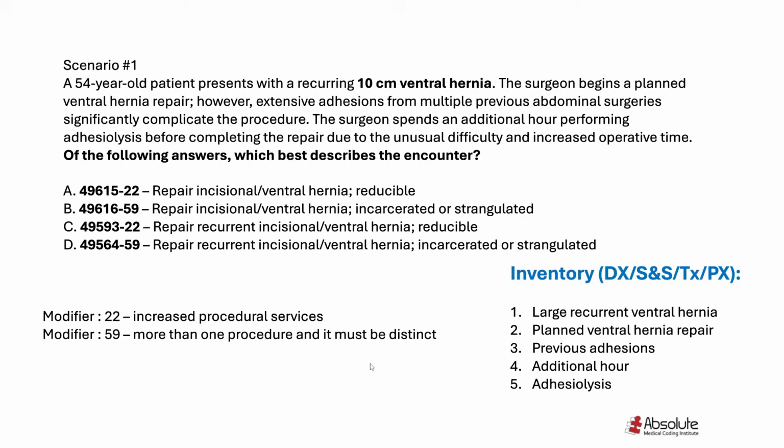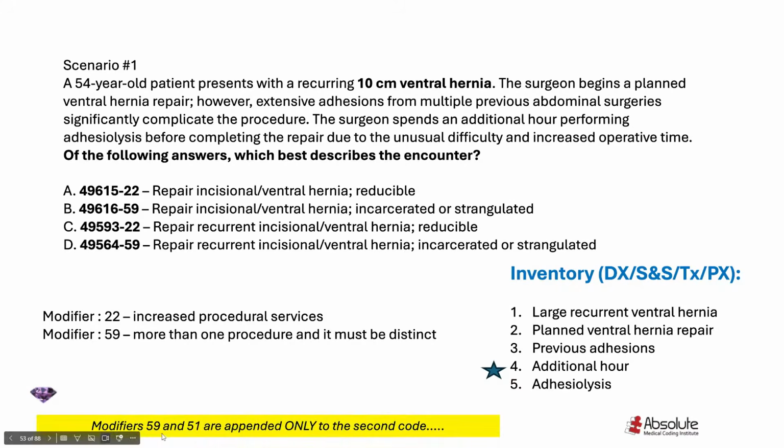But if we keep it real, if you look at these answers, there are no multiple procedures here. So if there are no multiple procedures, then you cannot append modifier 59. Here's why. Because modifiers 59 and 51 are appended only to the second code, right? I always know that. So I'm always eliminating single codes with that modifier 59. Gotta go.